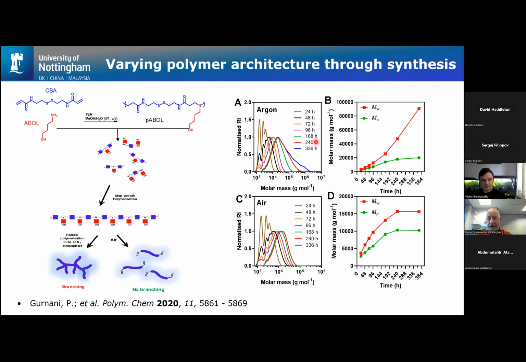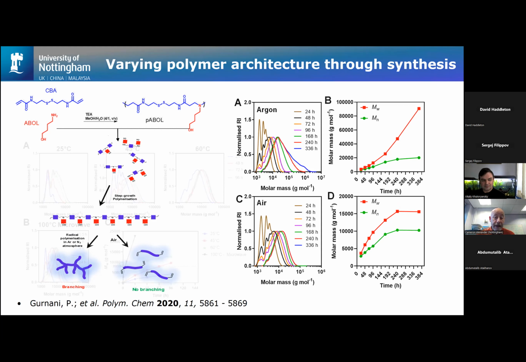As you can see, under argon we do end up getting this runaway molecular weight increase, and that's a result of these unintended radical reactions, chain branching and so on. Whereas in air, if we inhibit that reaction, then we see much less of a free radical reaction. We just get a typical polycondensation reaction.